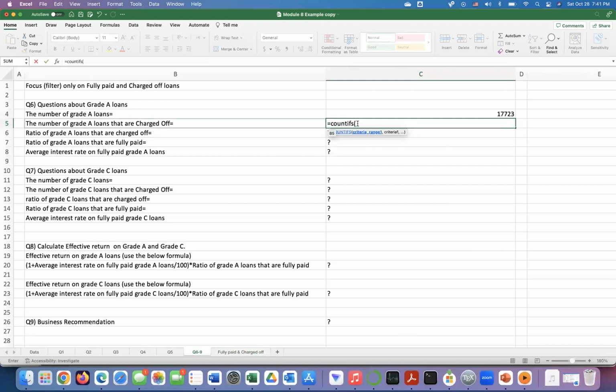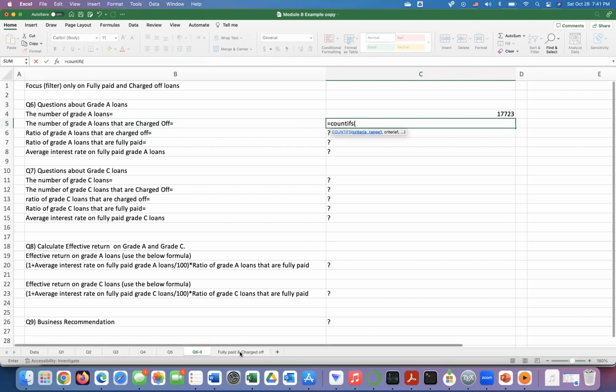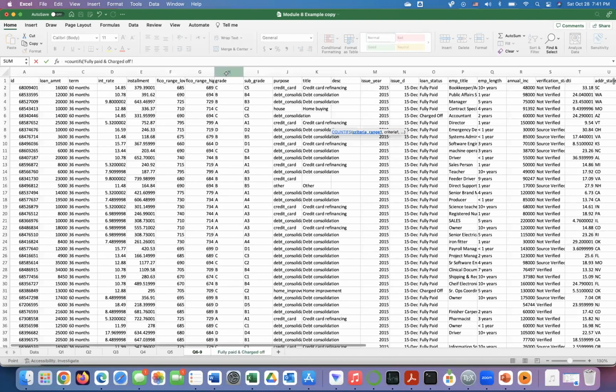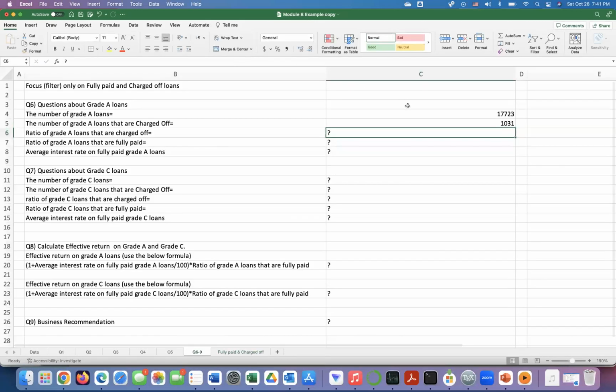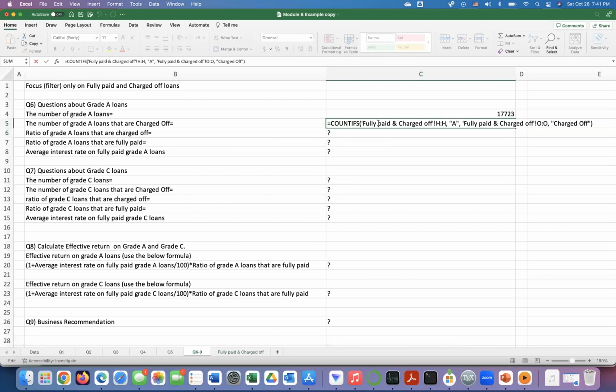It's going to be two conditions. One condition is that grade must be A, and then loan status must be charged off. 1,031. Yes, 1,031.